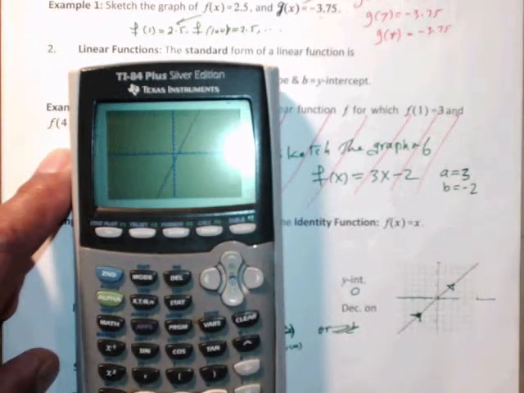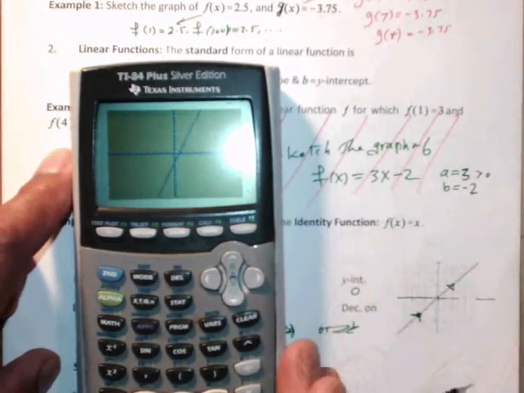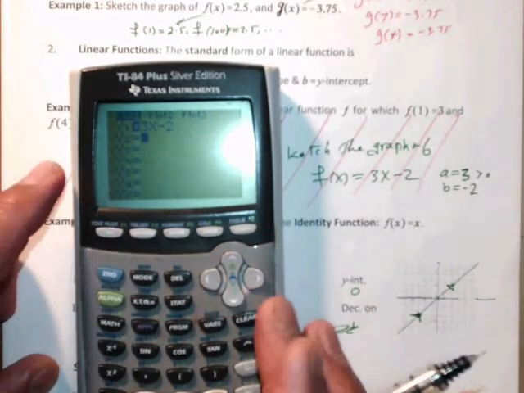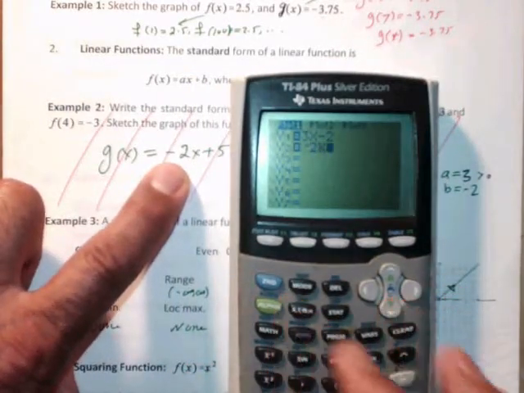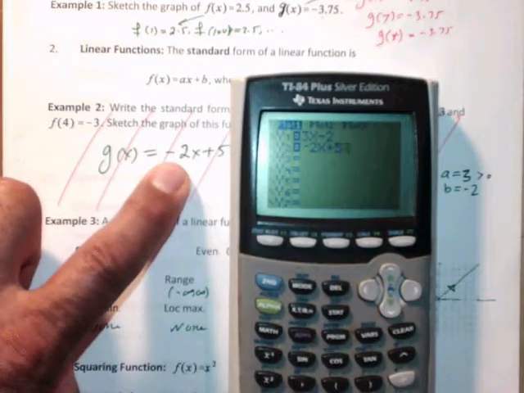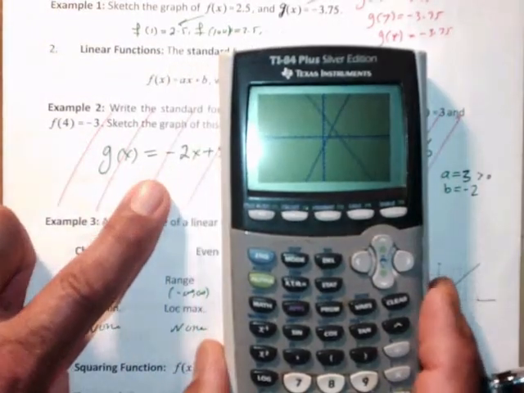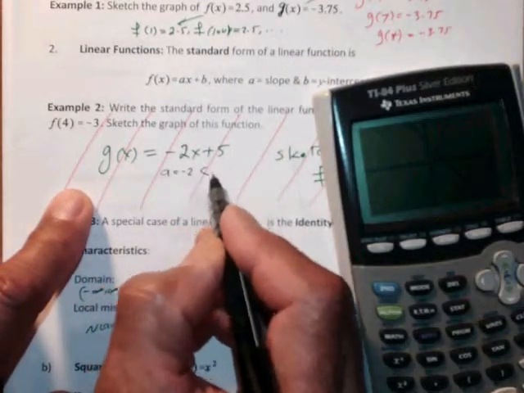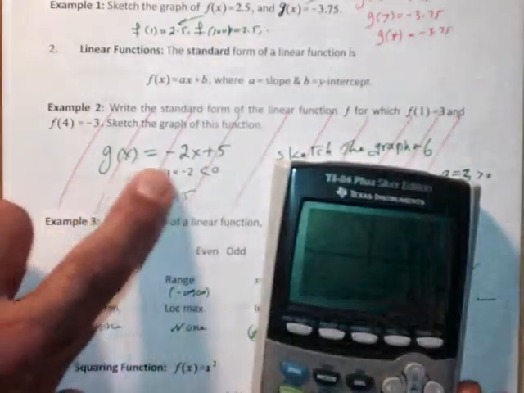You see, it's a good straight line, and a is positive, so that means the graph is rising or increasing. If you go to the second line and type g as negative 2x plus 5 as an example, then you get this one. And a is negative 2, less than 0, and b is 5.